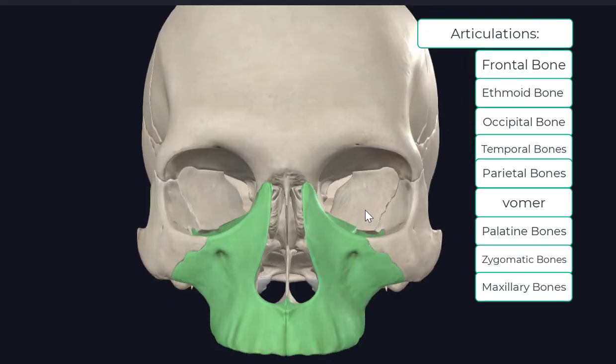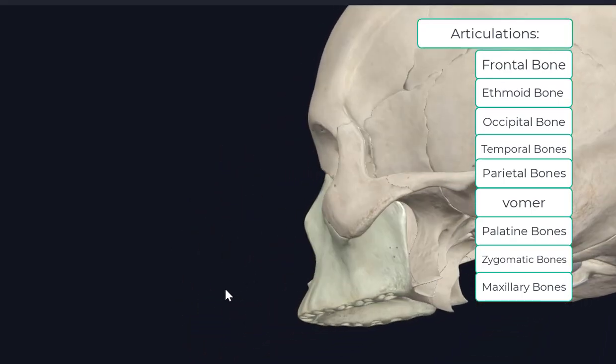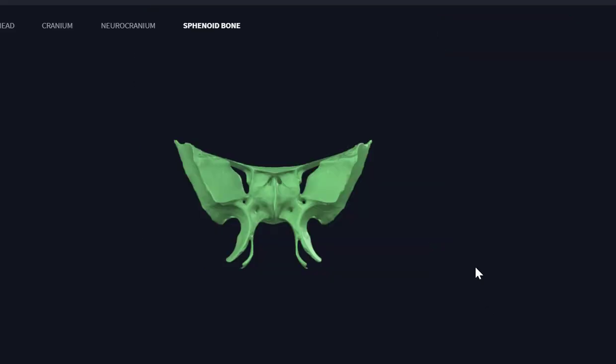And right and left maxillary bones, and I will show you later how maxillary bone is connected to sphenoid bone.